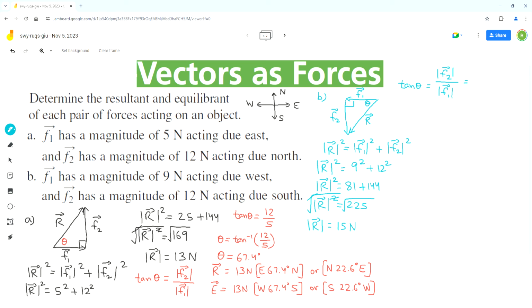So we can sub in the values. And now we can do the inverse of tan. Now we can use the calculator. And I got 53.1 degrees.